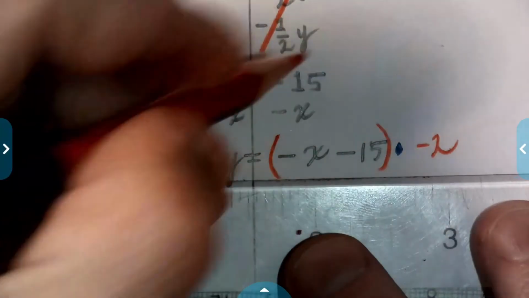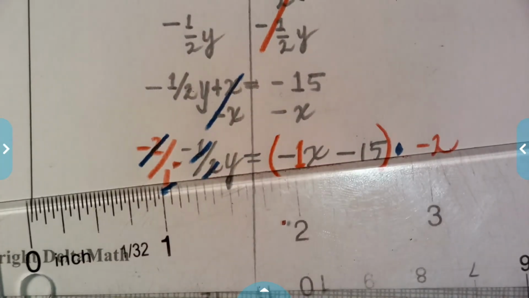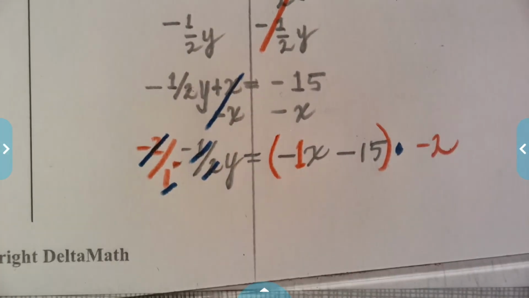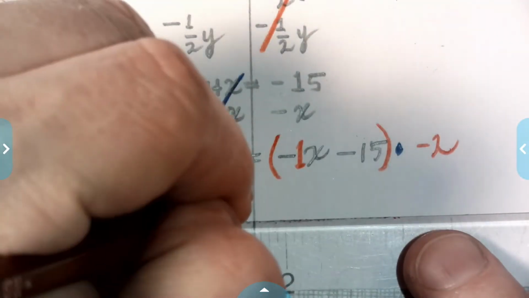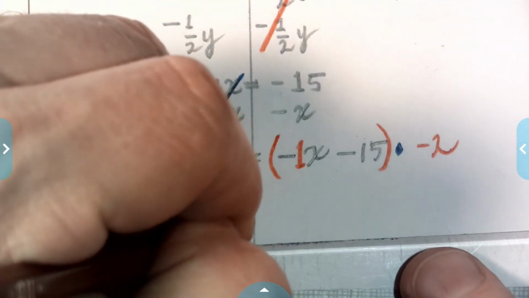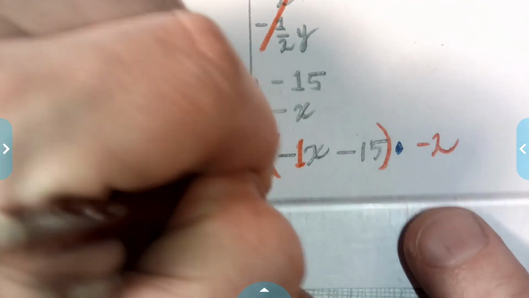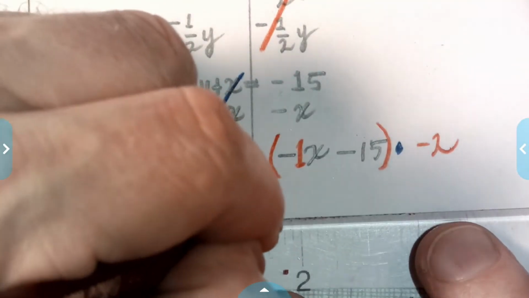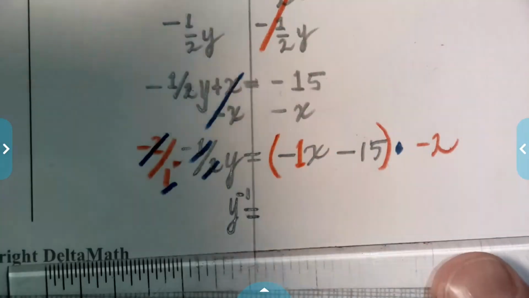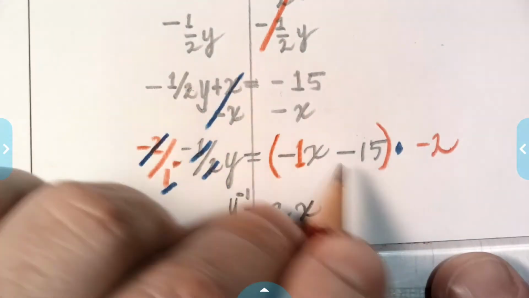Okay, so that's where it would help to put this 1 here. So you know, negative 2 times negative 1 is positive 2 and whatnot. So we're going to write y. At this point, I think we're in a good position to write y inverse is equal to a negative times a negative, a positive, is going to be 2x plus 30.